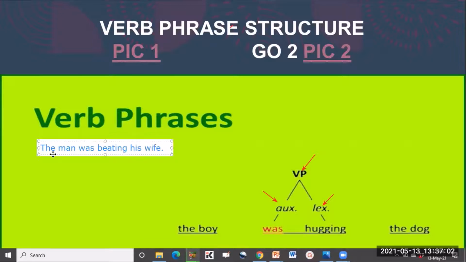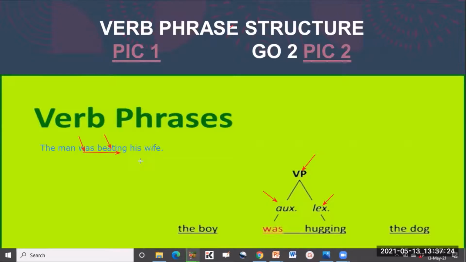All right, so you can look at this and let's try to analyze it. Was beating is the verb phrase here. The auxiliary is was, and the main verb is beating.